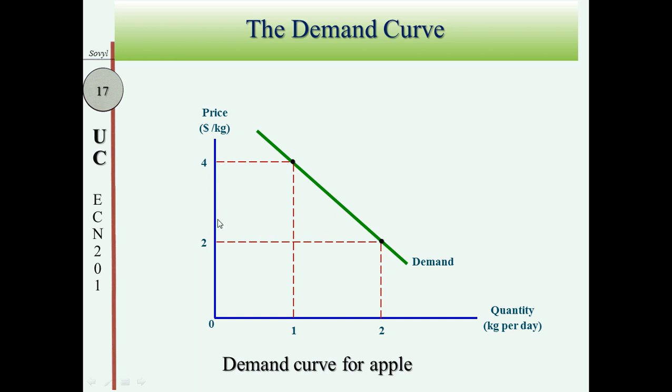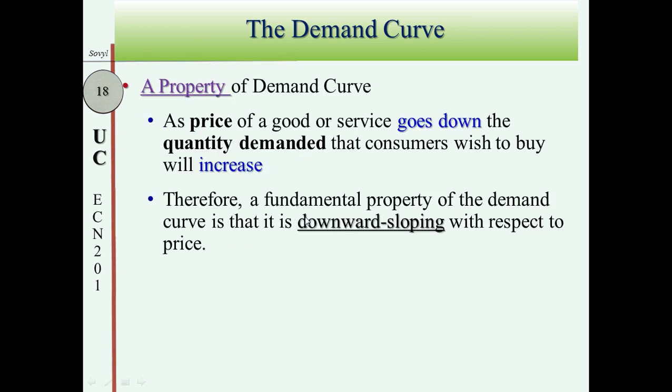Actually, it's not only from 4, but from any point here, but we don't know. That's why I say from 4 to 2. So the basic property of the demand curve is downward sloping with respect to the price. The demand curve goes downward, or sometimes we call it a negative slope.